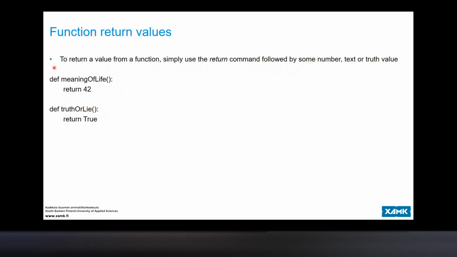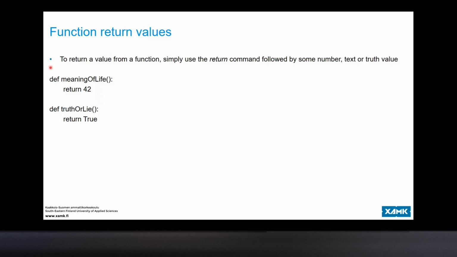How does returning values work with the functions that we have written for ourselves? You can basically return any type of data from a function. It can be a number, it can be text, or it could be a truth value like true or false.